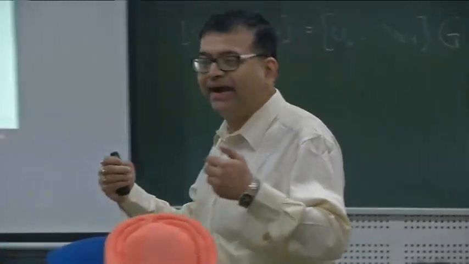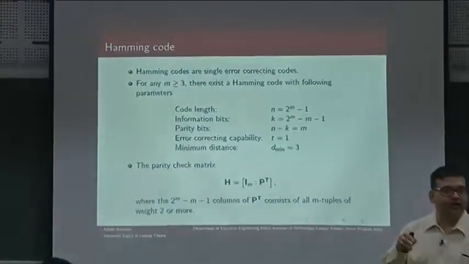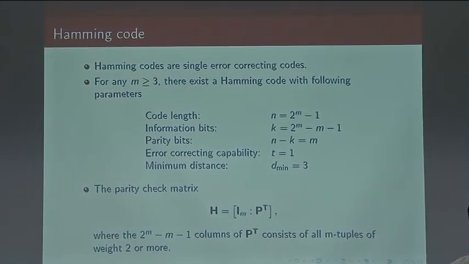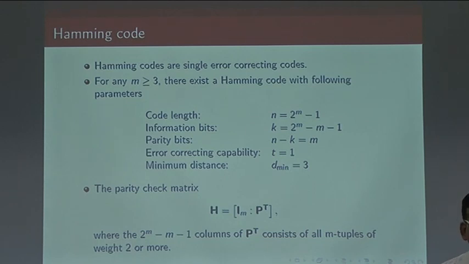Now, if you add any 2 m-tuples, what would you get? You will get another m-tuple, and that m-tuple is non-zero, because these 2 m-tuples are distinct.